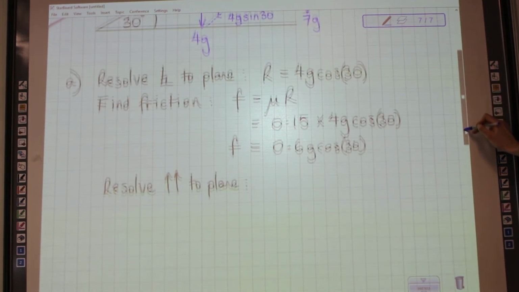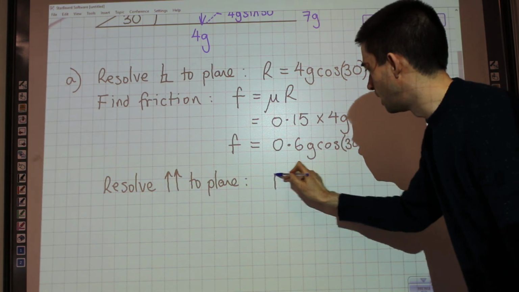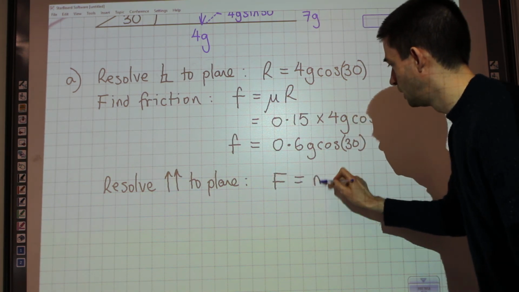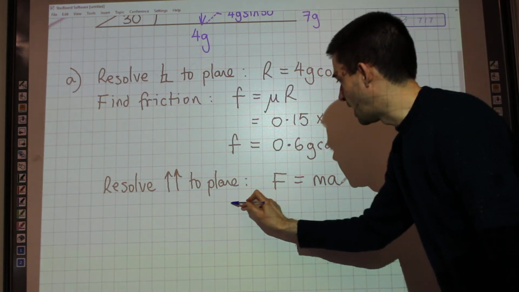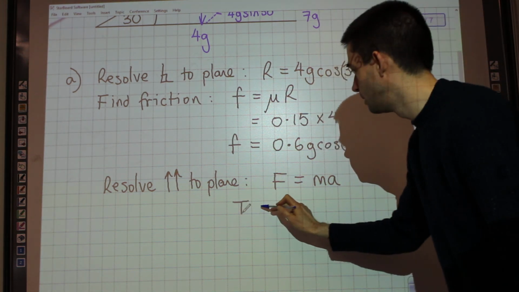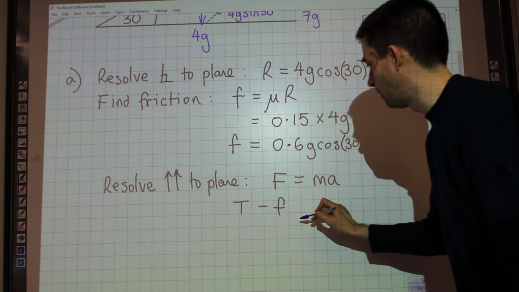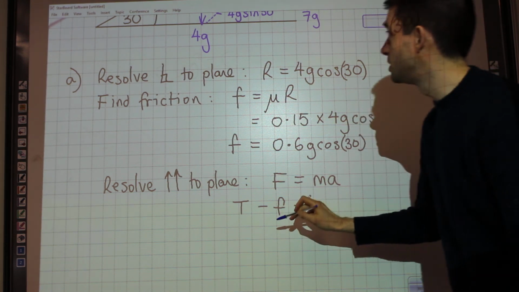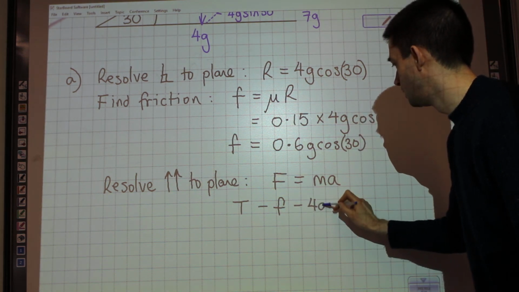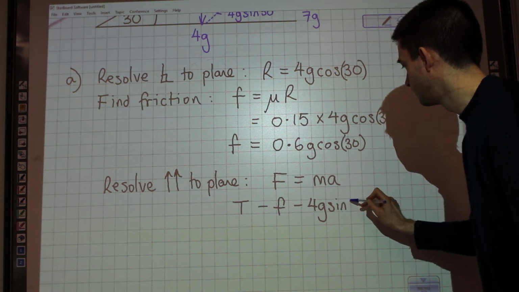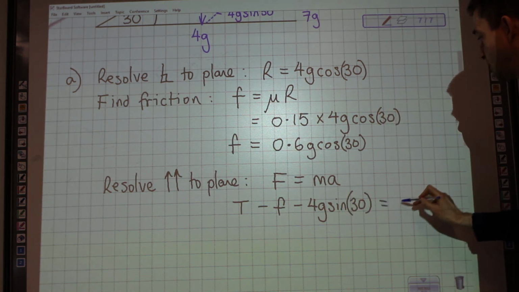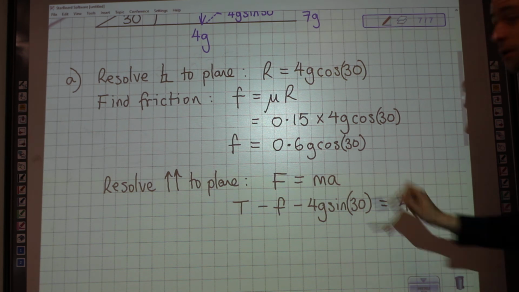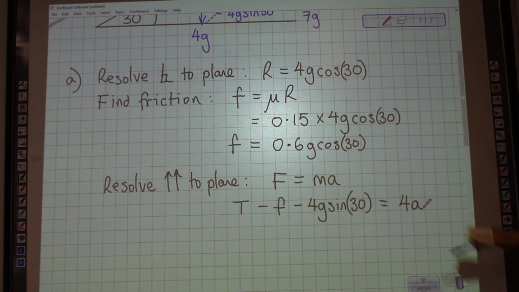So, how we're going to do this is we're going to use our resultant force equals mass times acceleration. The force acting up the plane was T, minus F for friction, minus 4g sine 30. And that is going to equal mass times acceleration. Now, because we're only looking at particle A, the mass is 4.